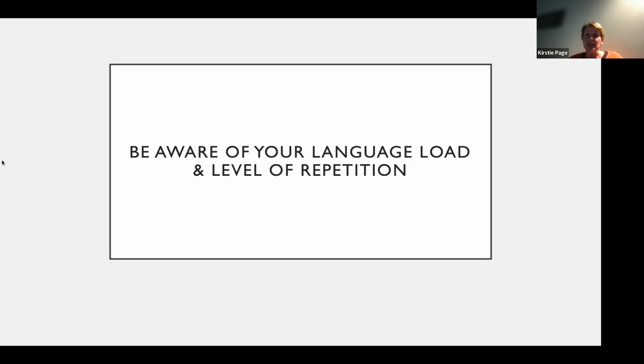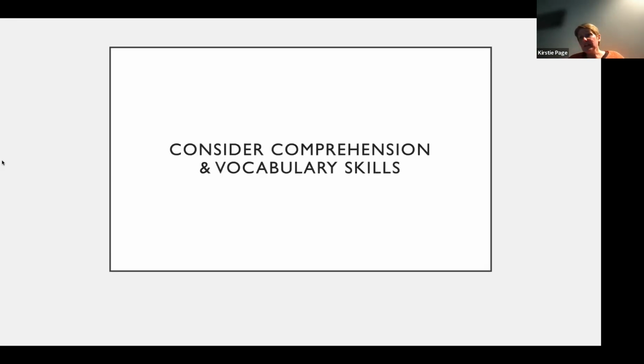So we've already said this: consider comprehension, consider vocabulary skills. If we're wanting to improve talk, do we actually need to concentrate on improving talk, or do we need to concentrate our efforts on improving understanding and improving vocabulary? And as a result of those efforts, the talk will follow, the talk will improve accordingly.